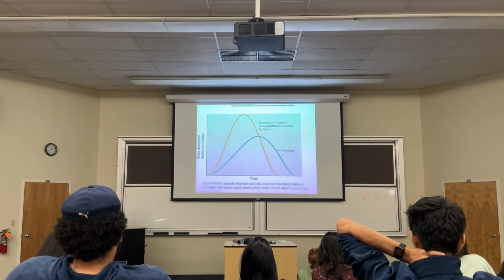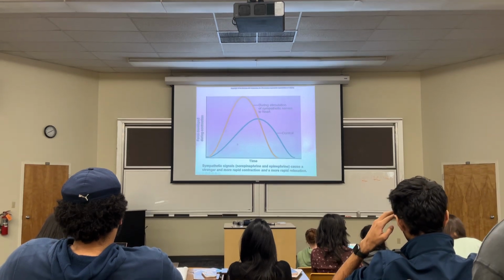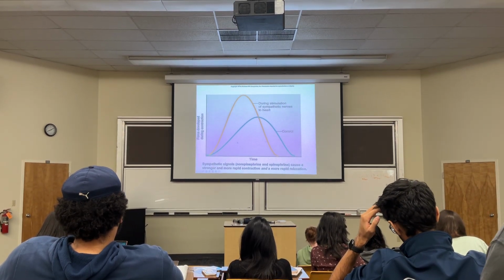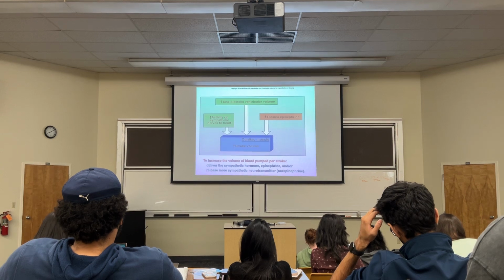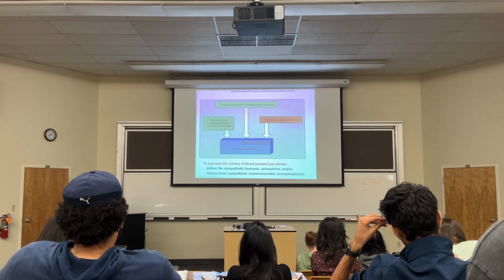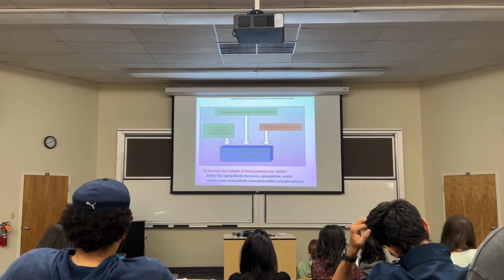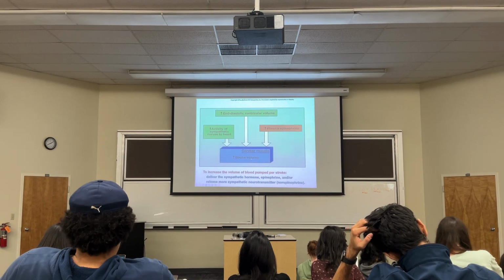Sympathetic also stimulates contraction of the heart, and so that's why we're jumping from one slope to another. We can increase our contractility by increasing our sympathetic norepinephrine from the nerves and epinephrine from the blood.